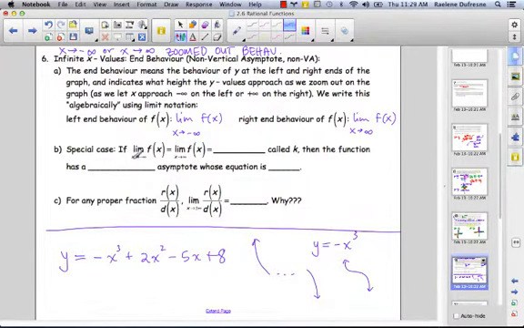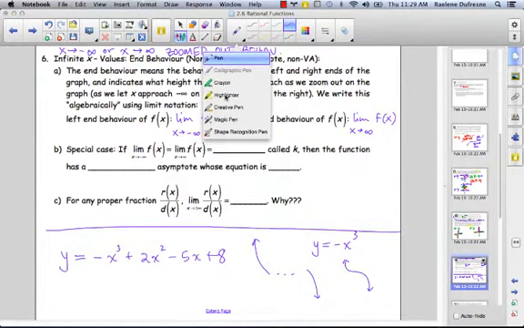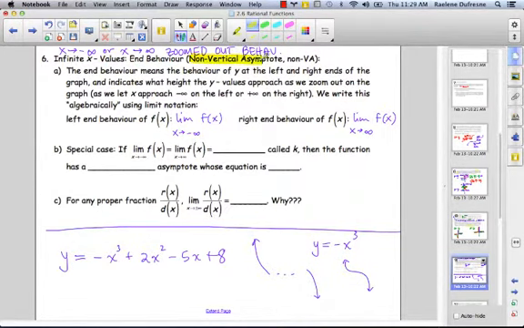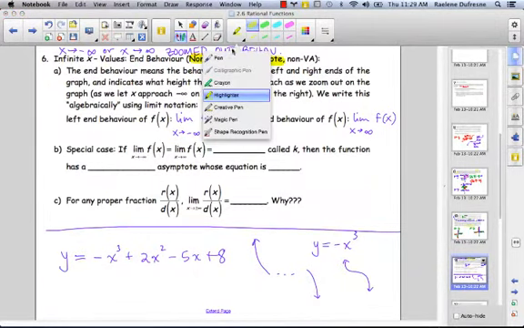A special case of end behavior, or zoomed out behavior, or non-vertical asymptote behavior, and I'm clarifying vertical versus non-vertical because vertical asymptotes are types of discontinuities, infinite discontinuities, whereas non-vertical asymptotes are not discontinuities. They do not come from domain restrictions. The non-vertical asymptote is what the graph looks like when you zoom out, but it is not a discontinuity.